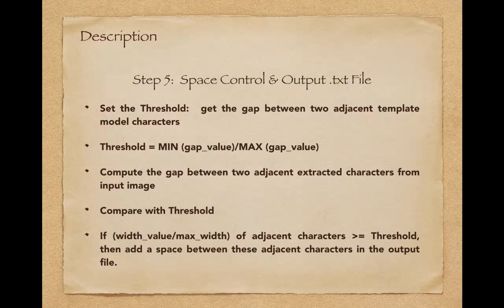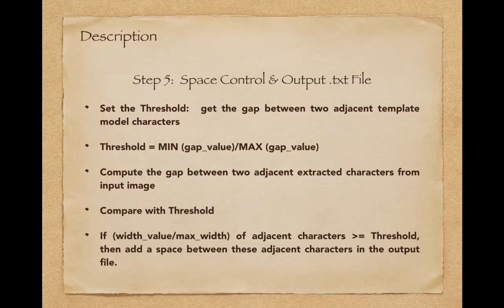In step 5, space control, and step 6, output TXT file. First, we need to set the threshold to decide whether to add a space between two characters. We set the threshold as the minimum gap value divided by the maximum gap value of two adjacent template models.